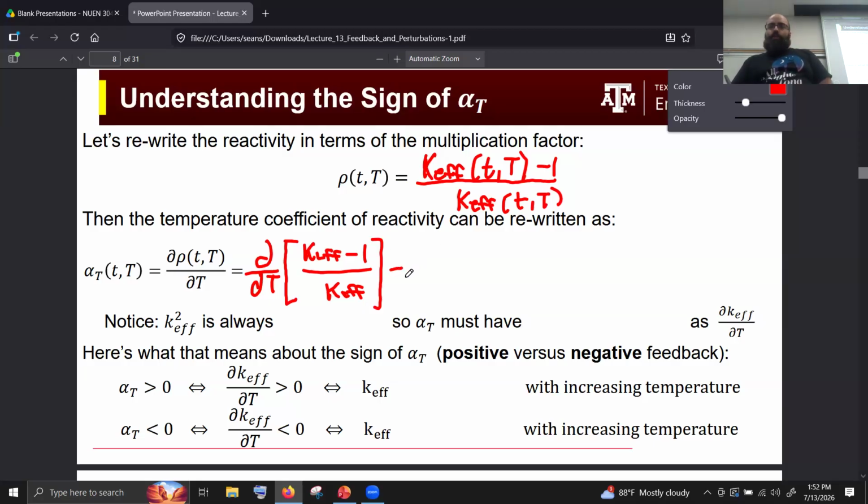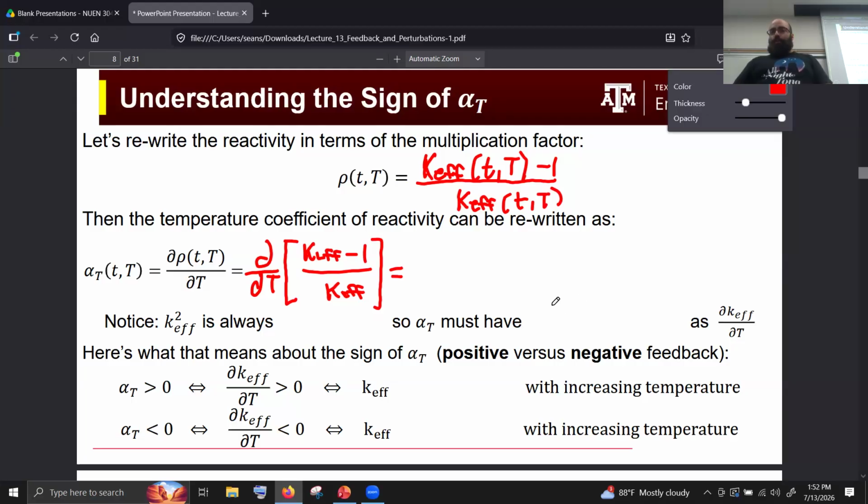So basically, we're trying to take the derivative of, and remember, K is going to be a function of temperature. So we've basically got the derivative of a quotient. And if we want to do the derivative of a quotient, we can either write it as a product by saying it's K minus 1 quantity times K to the negative 1, where that has a negative exponent, or we could do the quotient rule.